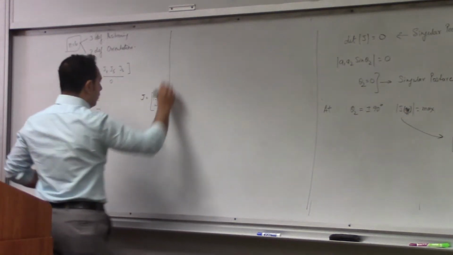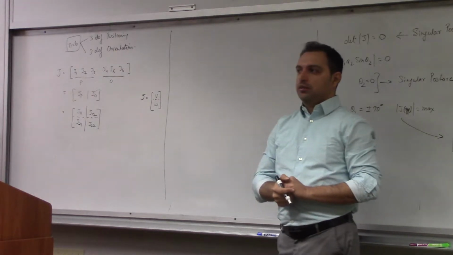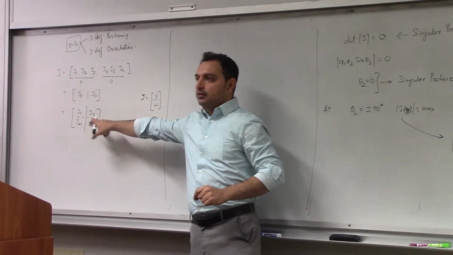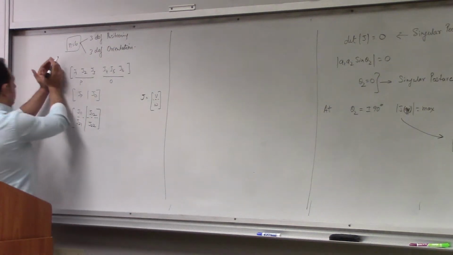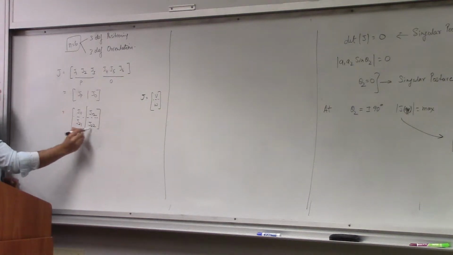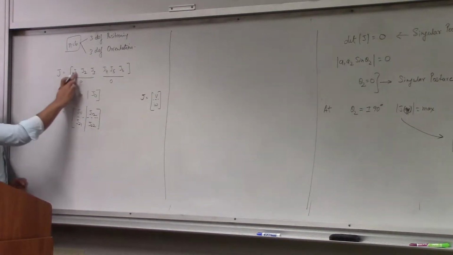So what will be the order of this matrix? All the 4 matrices, what will be the dimensions of these matrices? 6 by 6. The whole thing is 6 by 6. What will be the order of these 4? 3 by 3, because there are 3 columns.